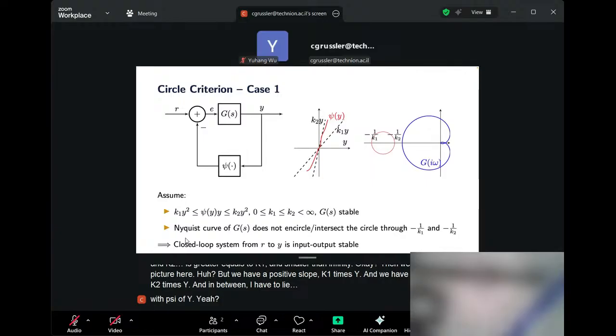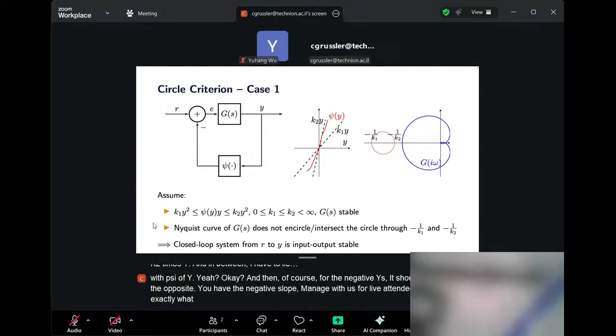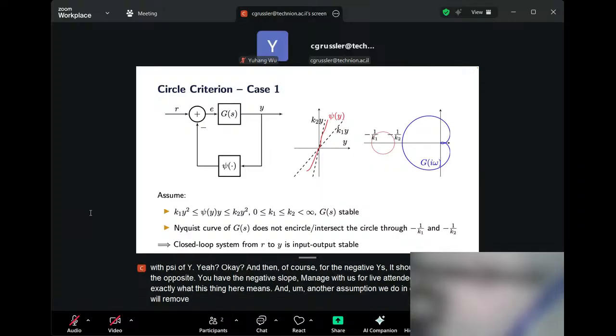And of course for negative y, it should be exactly the opposite. You have the negative slope, and it should also lie between the two. This is exactly what this means. Another assumption we make in case 1, which we will remove in case 2 or 3, is that G is not stable.